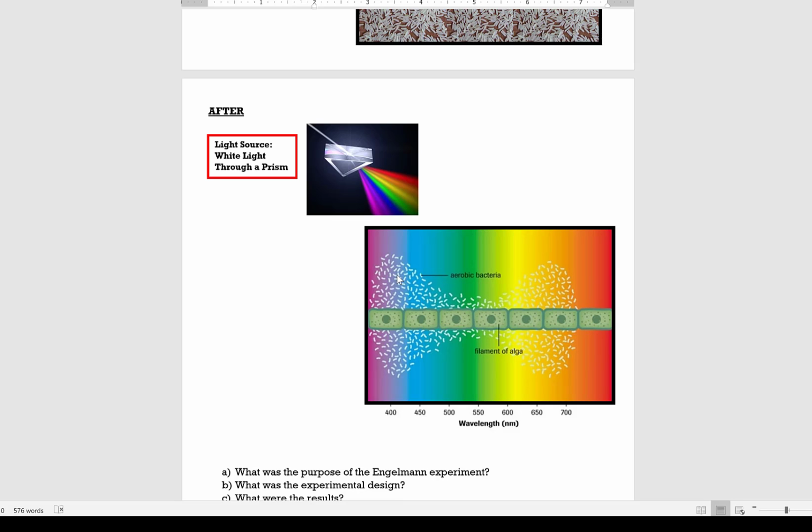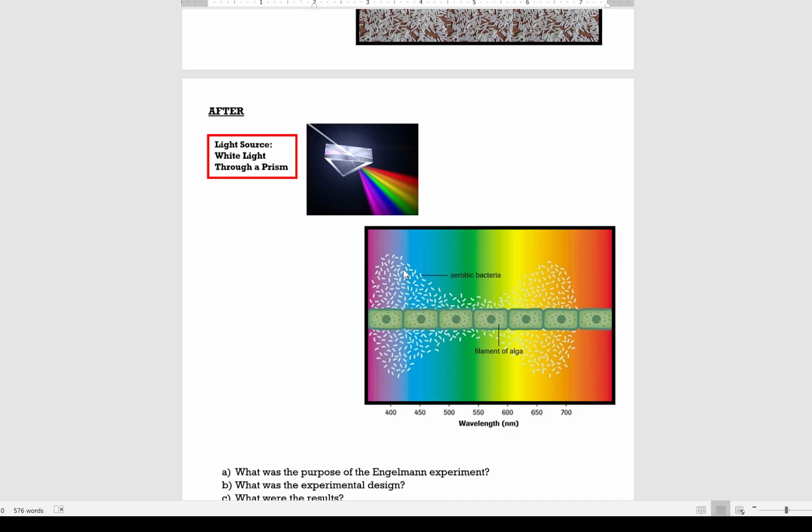And the bacteria consistently moved to particular regions on the microscope slide that corresponded with different colors. And when he observed this under the microscope, he determined that the algae were only absorbing particular wavelengths of light.